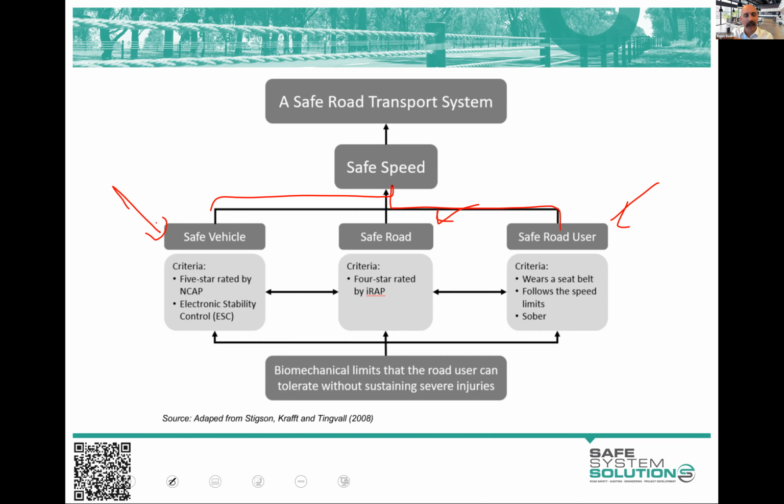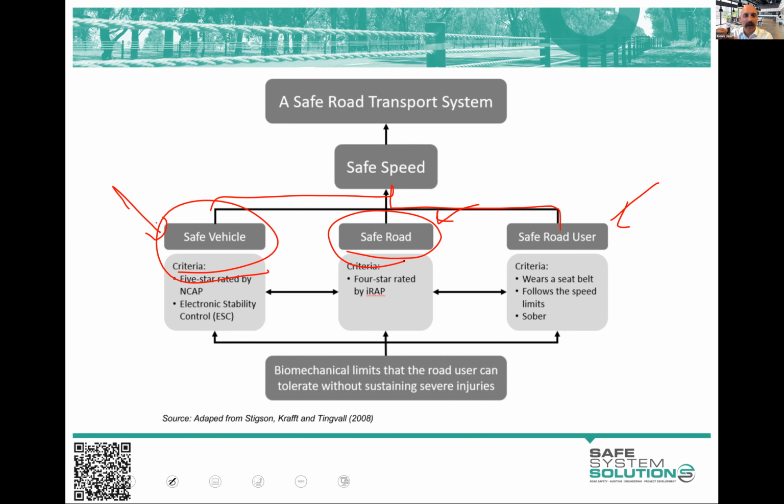But realistically, the best example of a safe system we've got is a racetrack. We have extremely safe vehicles. We have roads that have been designed with one direction of travel. They don't have right angle intersections. They've got very clear areas for vulnerable road users, being the pits and those areas.